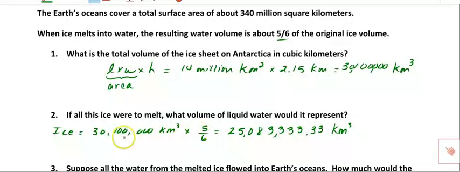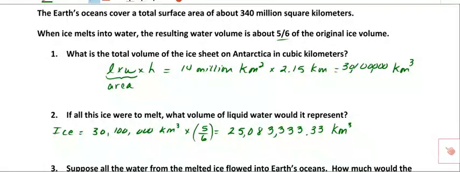So I can basically just multiply that number by 5, find that answer, and then divide by 6. Or I could find the answer for 5 divided by 6, and multiply it by the 30 million, whichever way. But the liquid water would represent 25,083,333.33 cubic kilometers. That's how much water the ice would turn into.